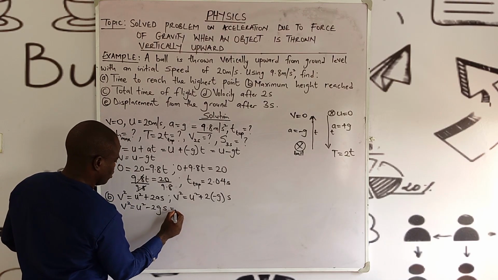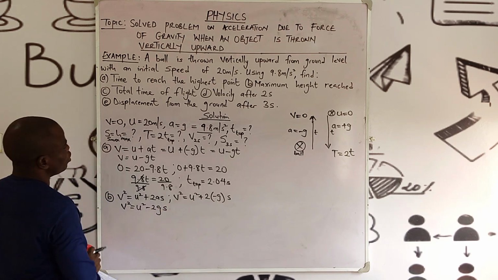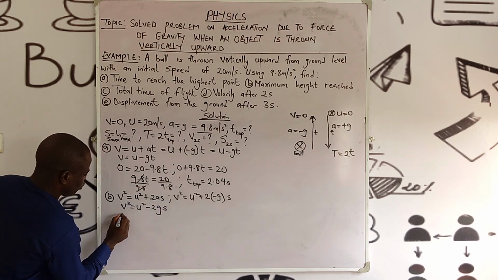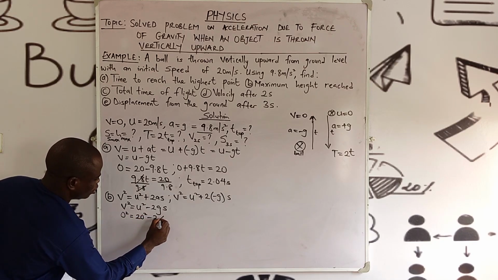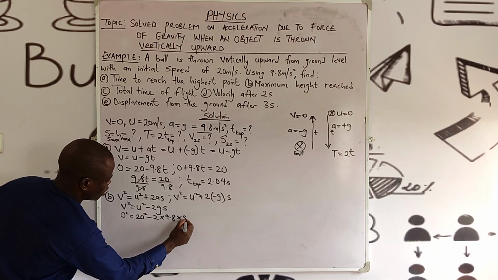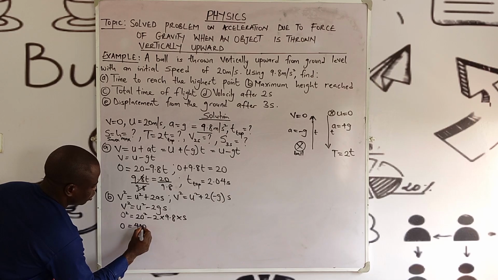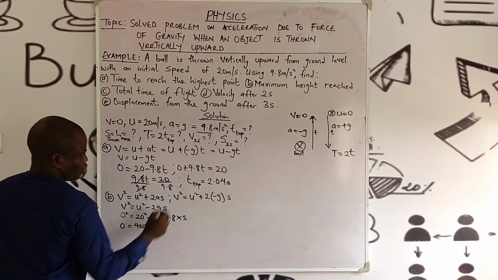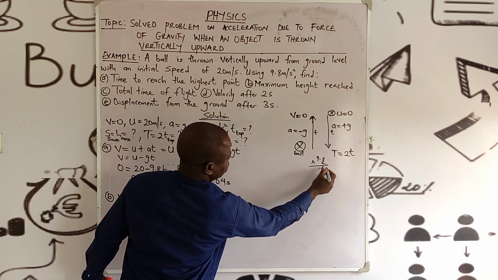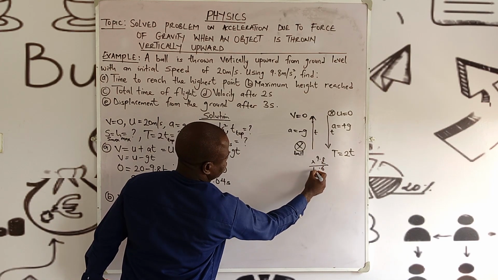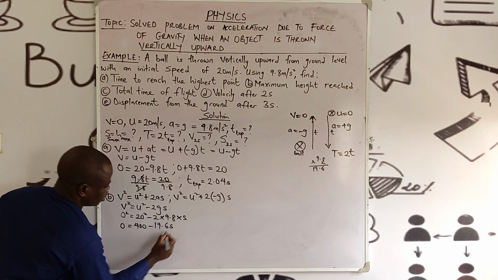Now we have v squared. We are looking for s. v squared is 0 squared, equals 20 squared minus 2 times 9.8 times s. 0 squared is 0, equals 400. 20 squared is 400. 9.8 times 2 times s is 19.6s.